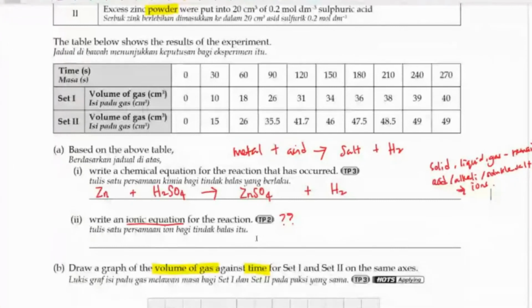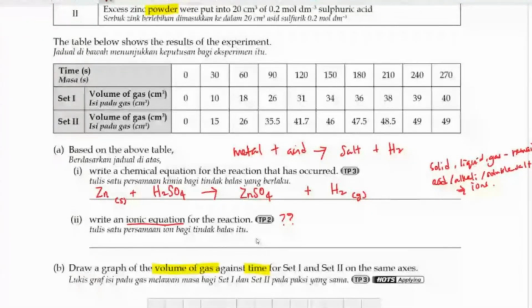Okay, solid, liquid, gas remain. Which one is a solid? Zinc is solid. Hydrogen is a gas. So these two remain. Sulfuric acid is the acid, and zinc sulfate is the soluble salt.